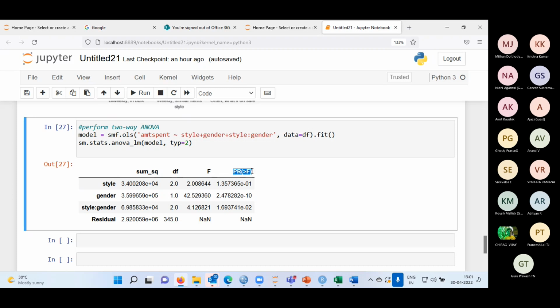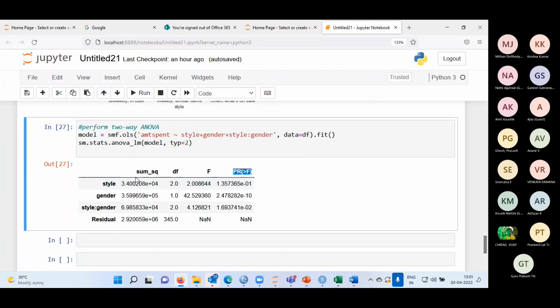This is the column which makes most sense, which is basically look at whether this P value is less than 0.05 or whether it is greater than 0.05. If it is less, we say that that particular variable has an impact. If it is greater, we'll say that it has no impact.